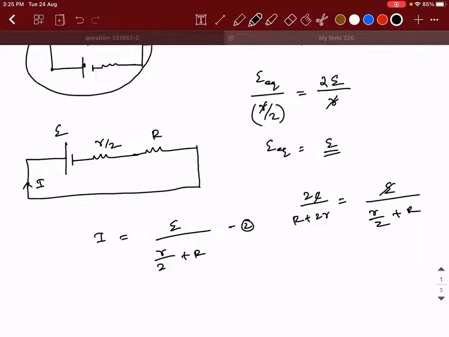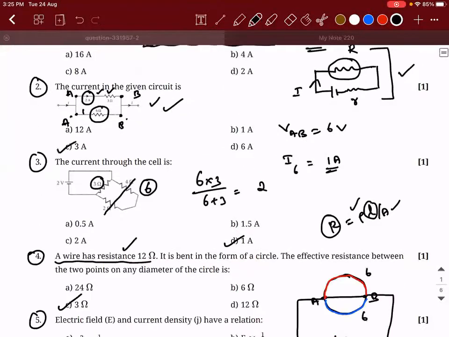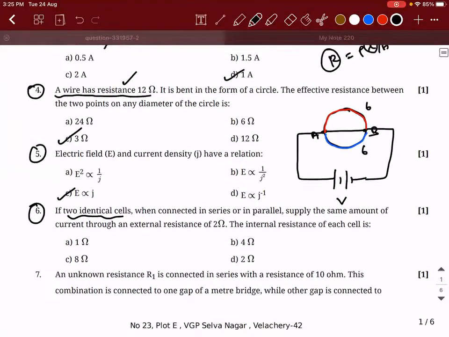What is the unknown? They are asking internal resistance. So what is the answer? It's 2 ohms. So I hope everybody got it. 2 ohm is correct.